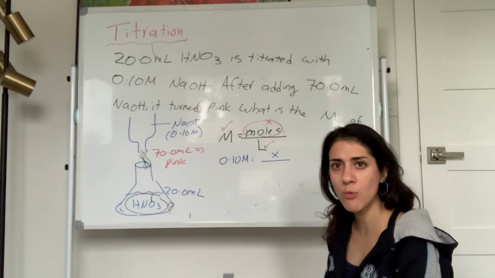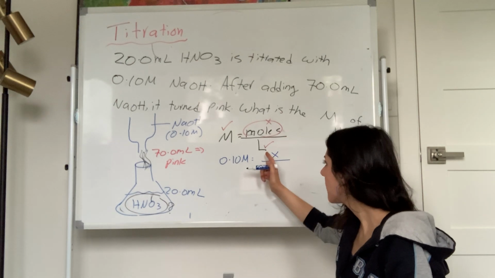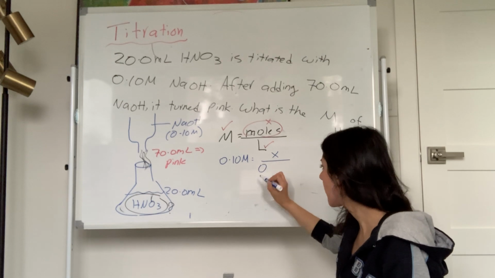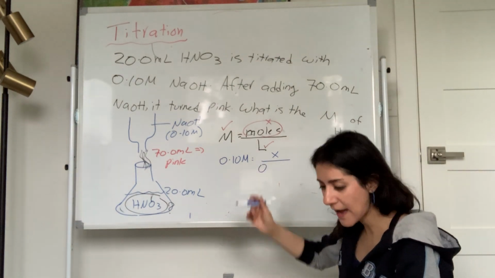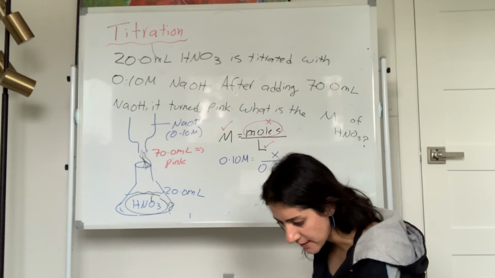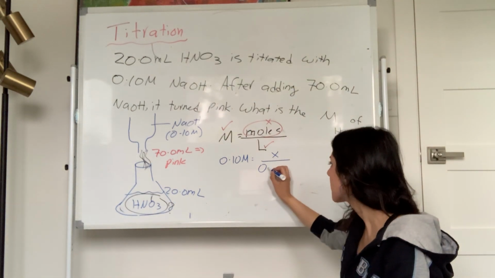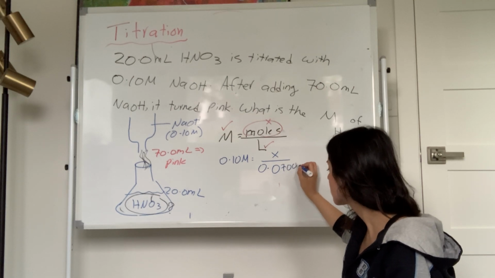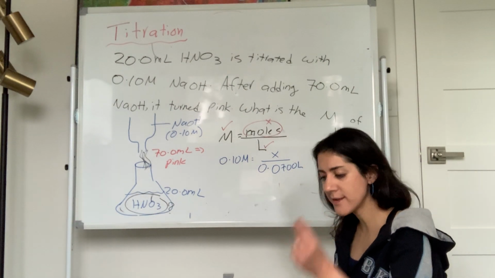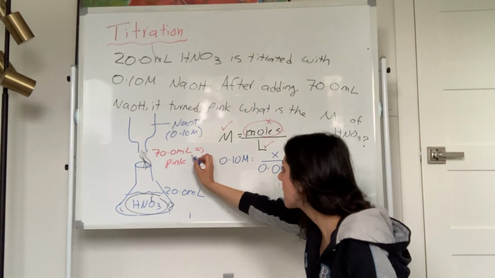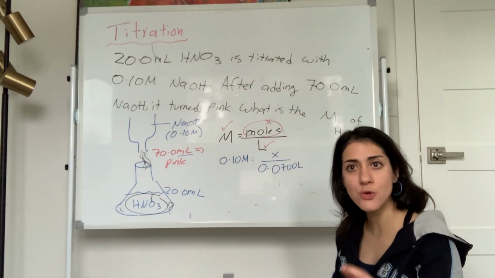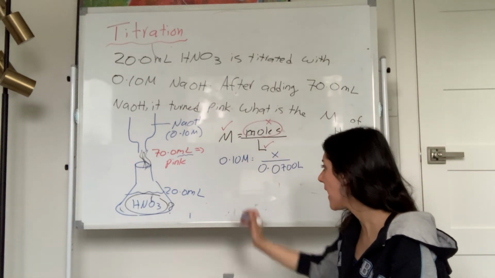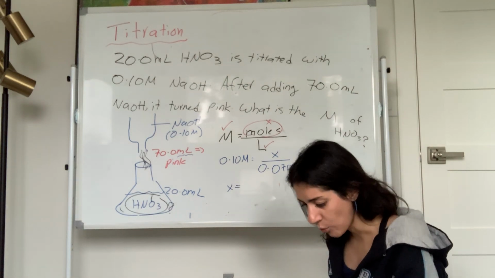I don't know how many moles I have, but how much NaOH did I add? 70 ml divided by 1,000 because it has to be in liters, so I get 0.0700 liter. Molarity is moles per liter, so what I had in milliliters, I had to convert to liters. We're good? I had the molarity, I had the volume, and I want to solve for X, which is going to be my moles of NaOH.